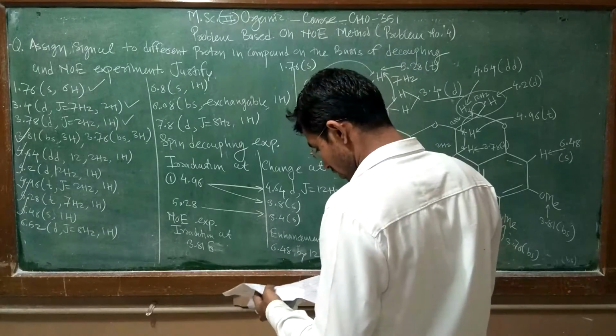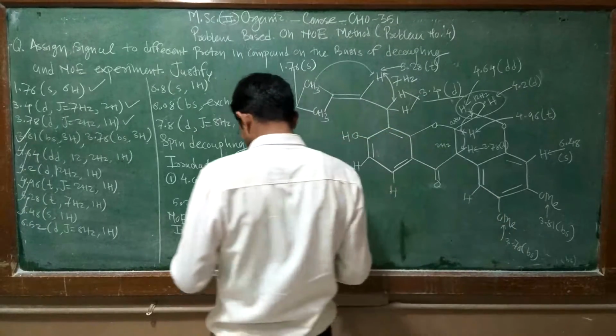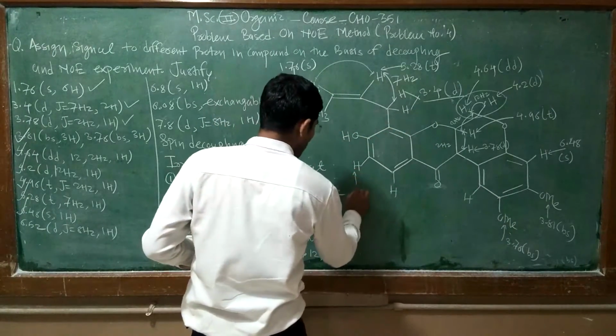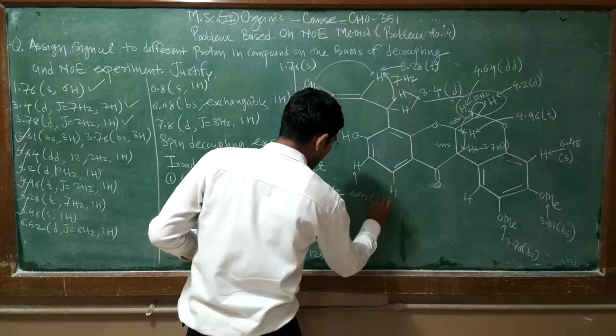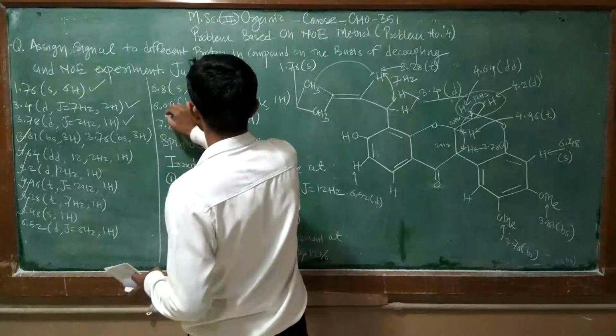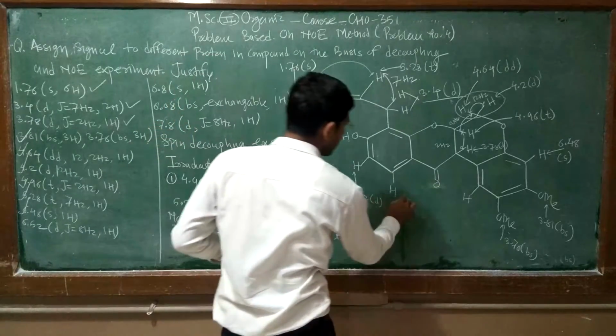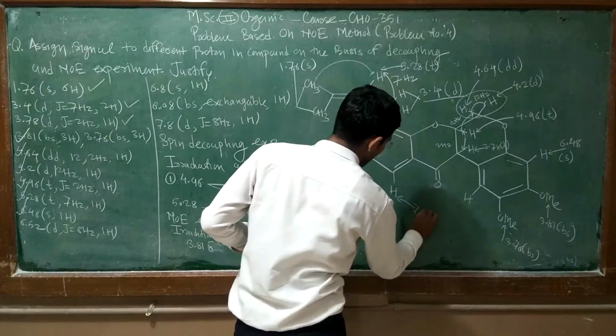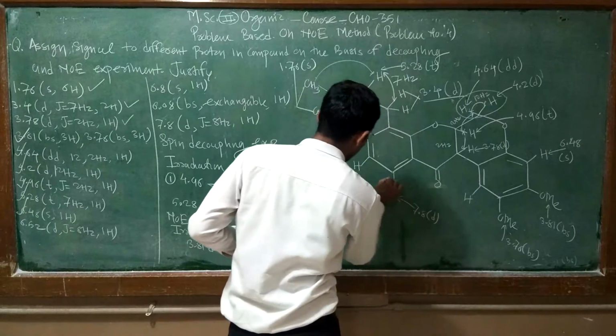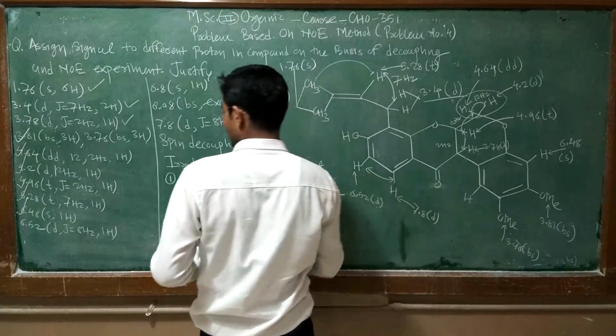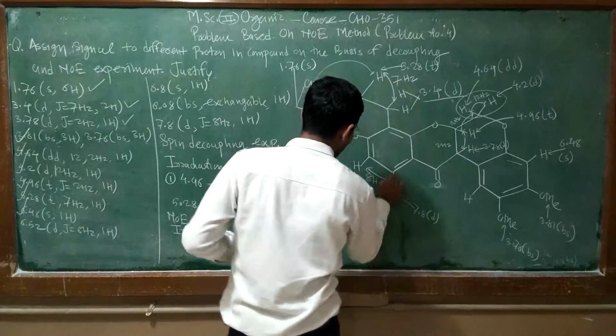If you observe these two protons, one is 6.58 doublet, and the next is 7.8, a doublet again with ortho coupling, 8 hertz.